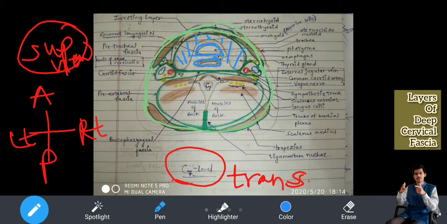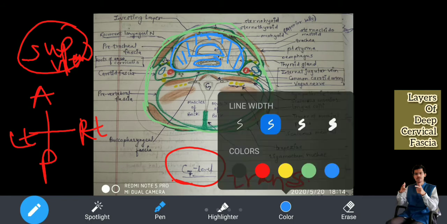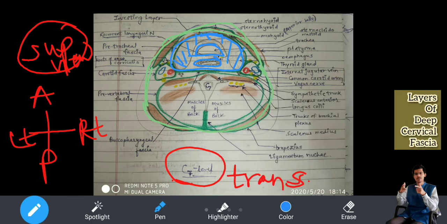So this is the pretracheal fascia. You will say it is behind also, then why not paratracheal fascia? It's all about the names, whoever gave them with this logic. This is the pretracheal fascia which I have encircled, and the part crisscrossed with lines is the thyroid gland. The 2 round structures behind it are the trachea and esophagus respectively.